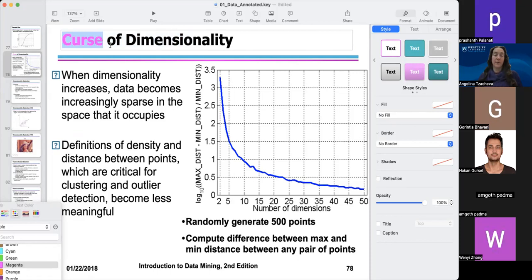So that's why they're calling it here curse of dimensionality. This is showing here how the performance decreases as the number of dimensions are increasing. You can see steadily it goes down here.